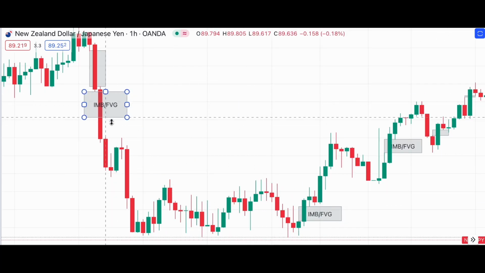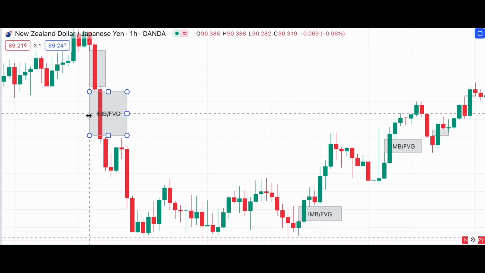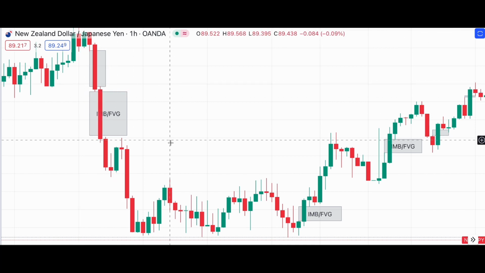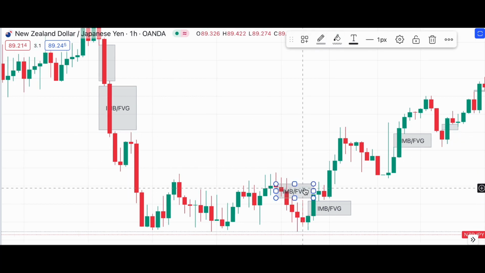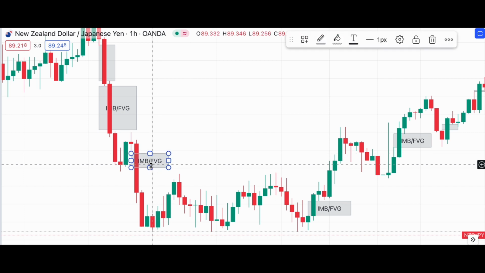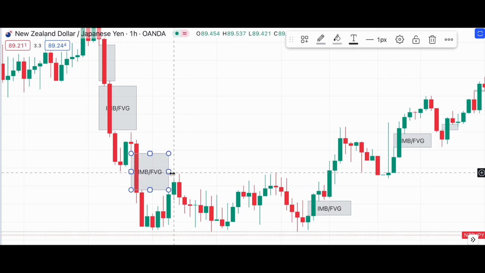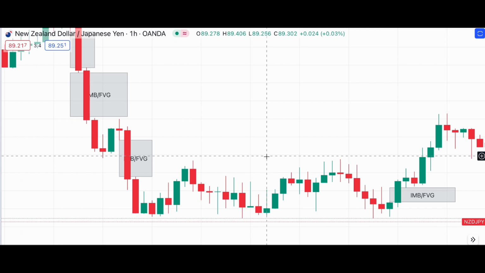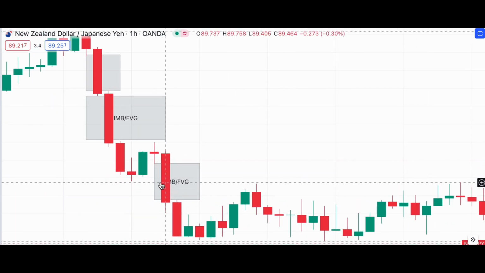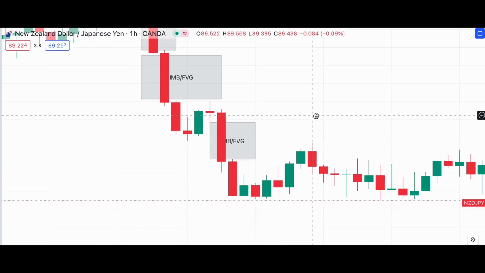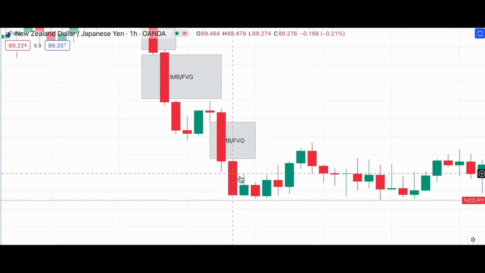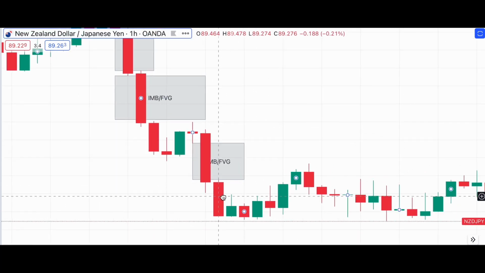Then another new gap is created here, and we have another new gap again from here to here. This is the bearish imbalance. Let's see the first, second and third candle.